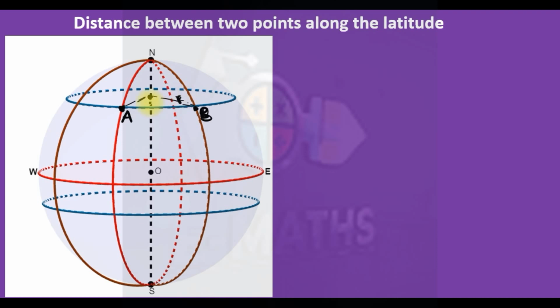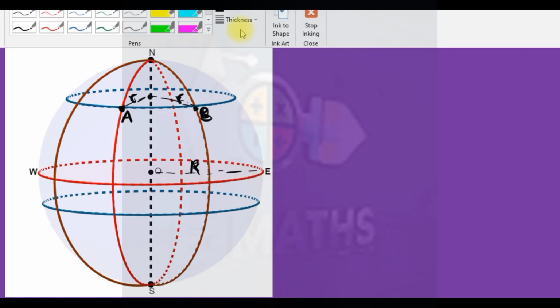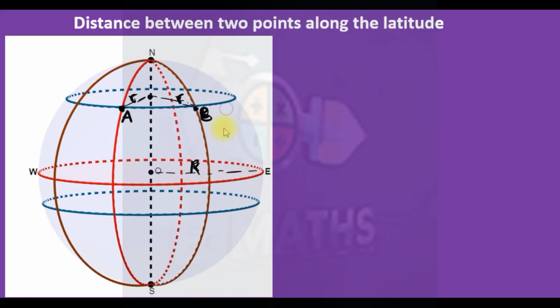this small r, let's use small r, because the radius of the earth, we normally use big R, which is 6,400 kilometers. So you notice that the radius we use for distance along the latitude is different from the radius we use for longitude, because they are not the same.